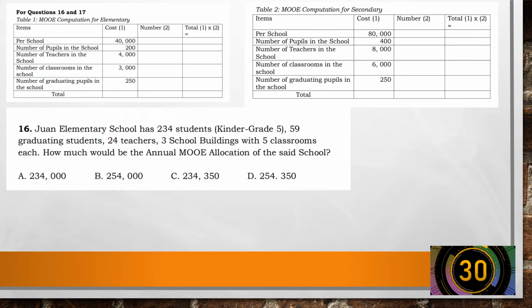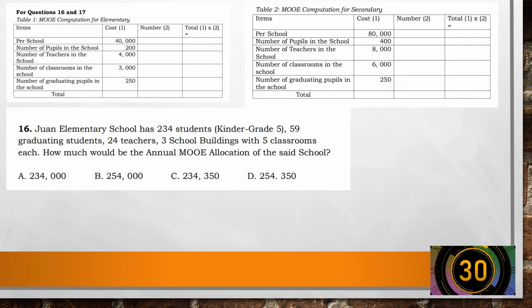Okay, number 16. You have to take note of table 1 for number 16. Juan Elementary School has 234 students from kinder to grade 5. There are 59 graduating students and 24 teachers, 3 school buildings with 5 classrooms each.